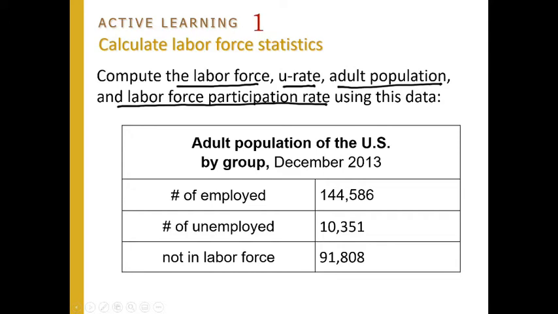The civilian labor force includes only employed and unemployed. Employed plus unemployed. And the unemployment rate is the percentage of unemployed in the civilian labor force. We have all these data from this table, so we can calculate both the civilian labor force and the unemployment rate. Let's start with these two first.